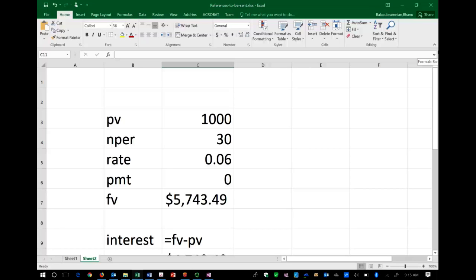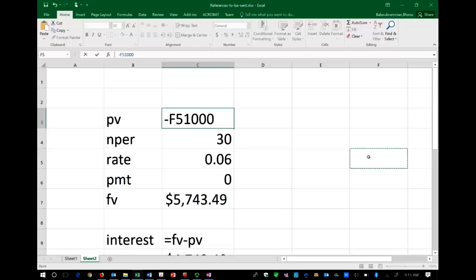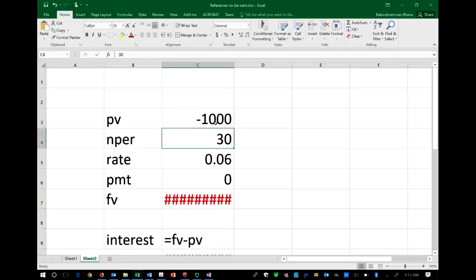So, I am going to typically indicate the present value as negative because you know all these programs are hard coded, right? And they don't understand what happened.